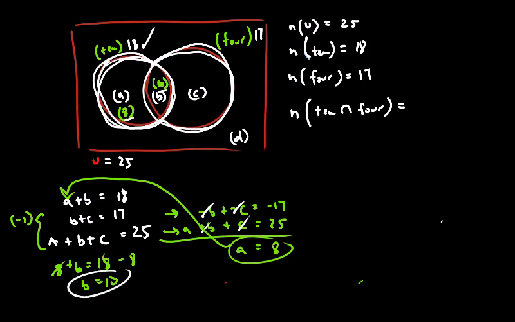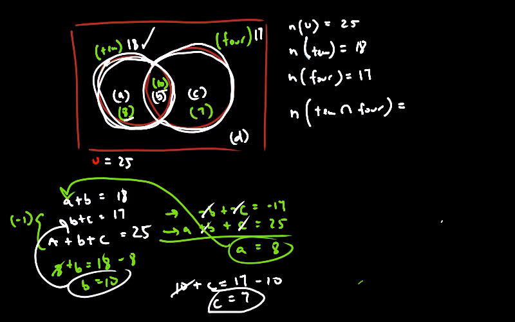Now let's go to the next equation and plug in 10 for B. So we have 10 plus C equals 17. Subtracting 10, we find that C should equal 7. Let's find out if this is true.